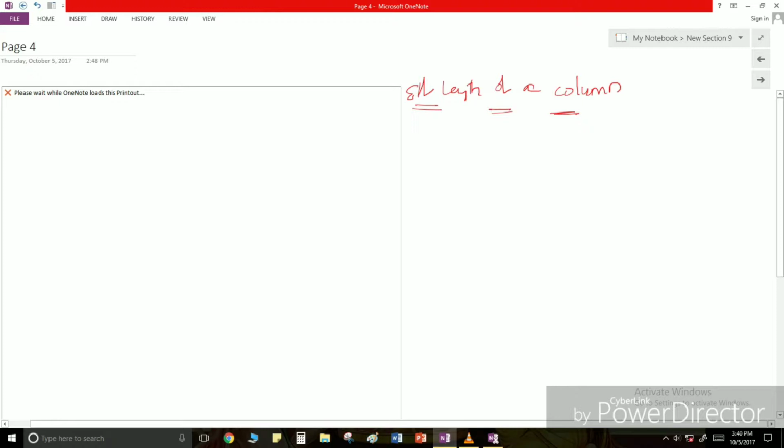I will repeat once again. The effective length of a given column with given end conditions is the length of an equivalent column with hinged ends.